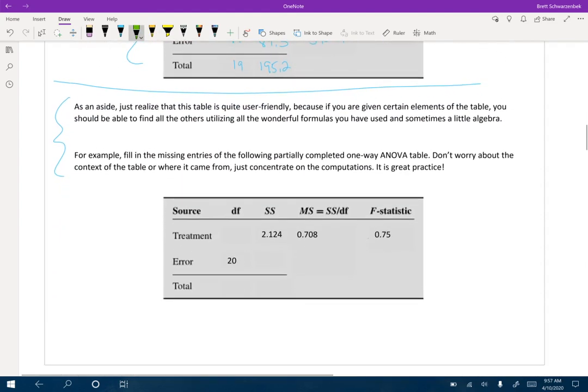So look at this problem, for example. You can see that I'm provided these values right here. So I claim that you should be able to go through these values and find all the rest of the ones that are missing. That is the key concept involved with this, and it's very useful because it gets you using the formulas and understanding how they work.